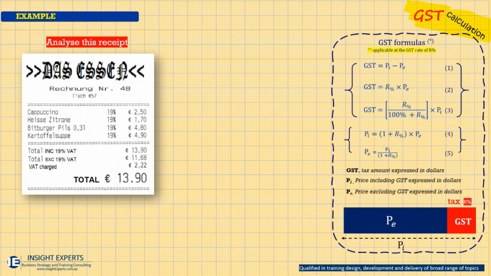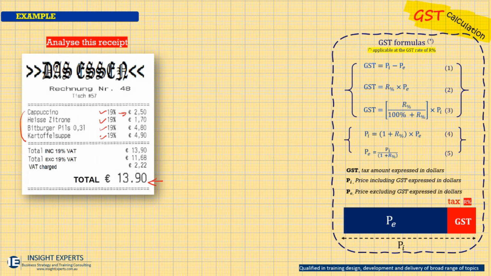Now let's look at this example of a receipt taken from a restaurant where the customer paid in total $13.90. They purchased four products. Each product is taxed at the same VAT rate, which is 19%. And the amount shown right across here is the amount paid for each item after tax.